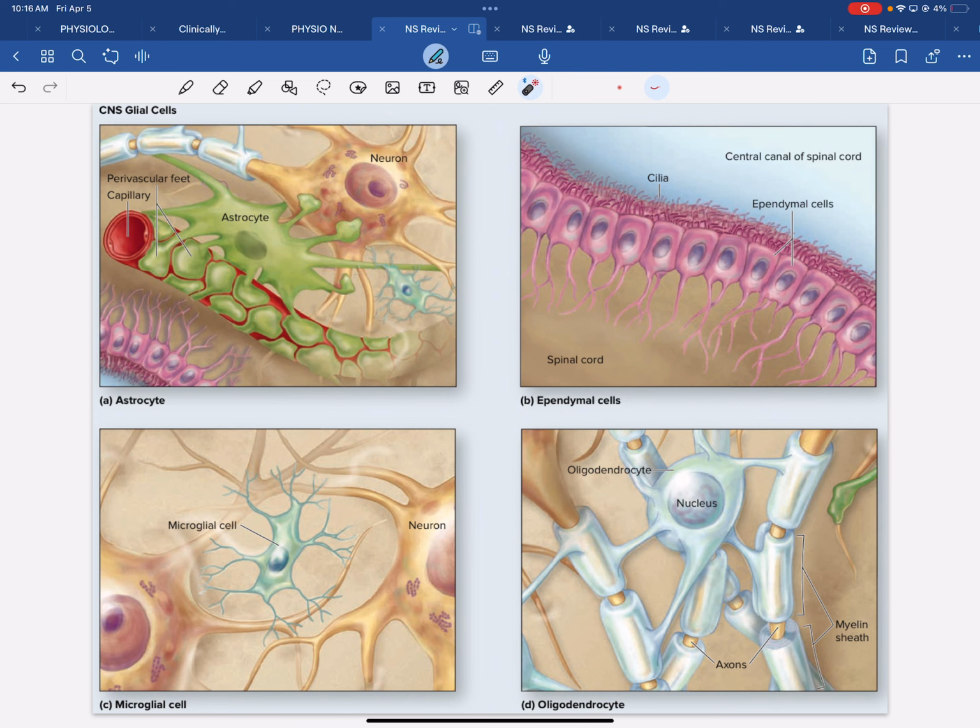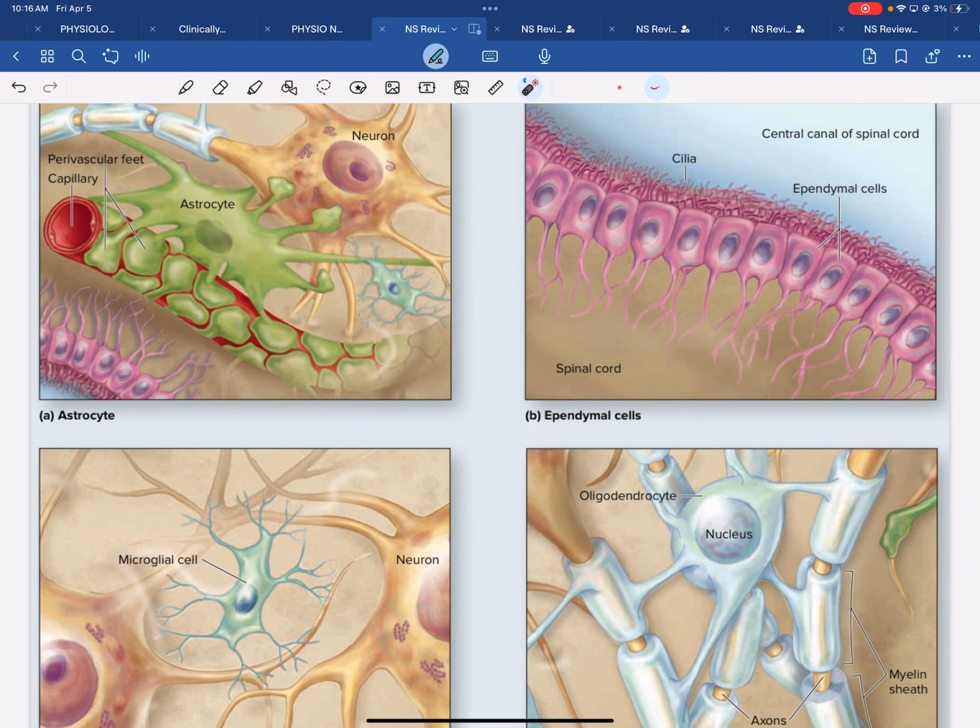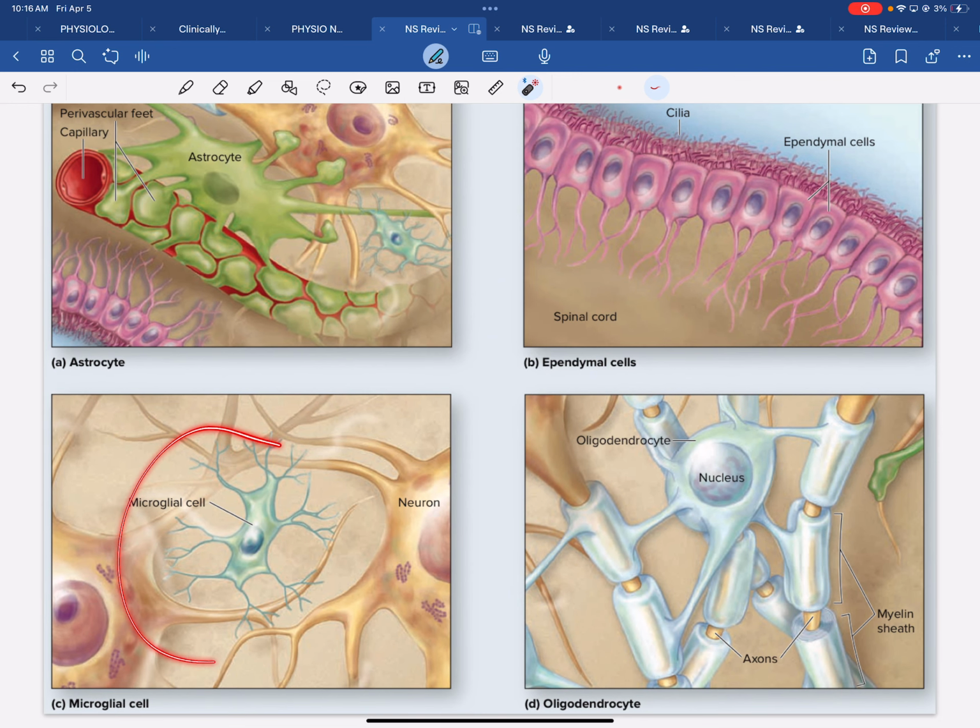The choroid plexus needs participation of the capillaries as well. Correct, the choroid plexus is a bunch of capillaries that are lined by ependymal cells. Yep, good.